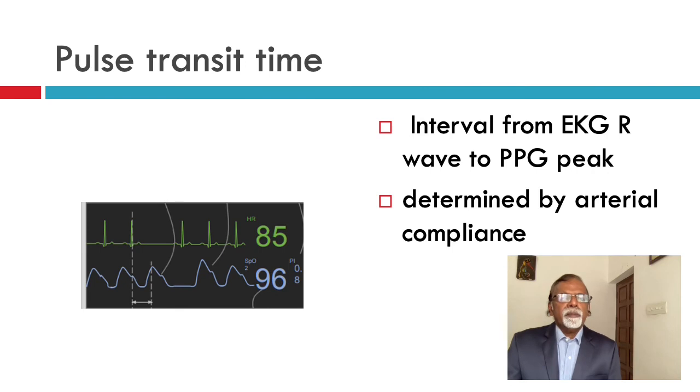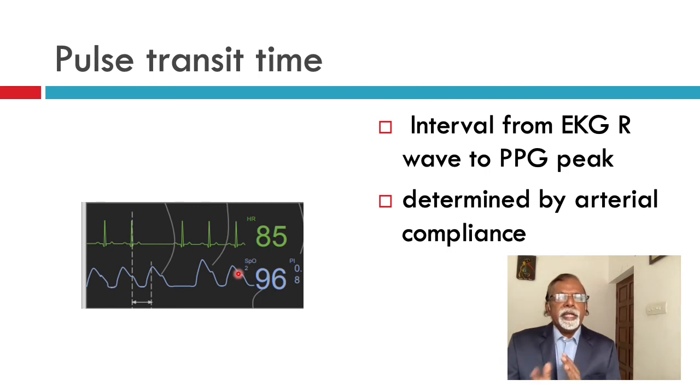One word regarding pulse transit time. In some of the machines, we can see the ECG, and the lower one is the photoplethysmograph. The interval between the R wave of the electrocardiogram and the peak in the PPG is called pulse transit time.